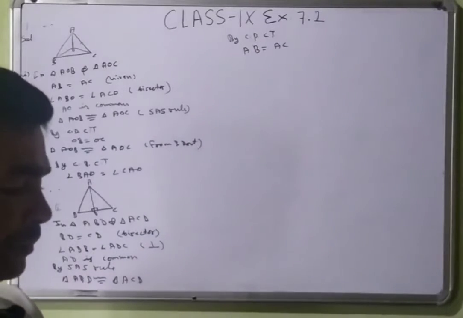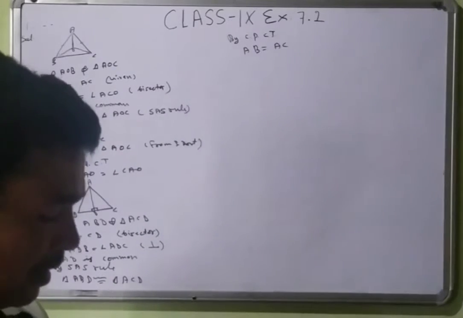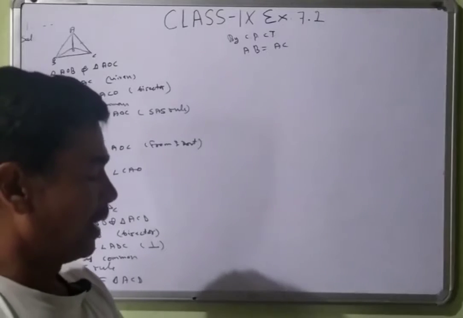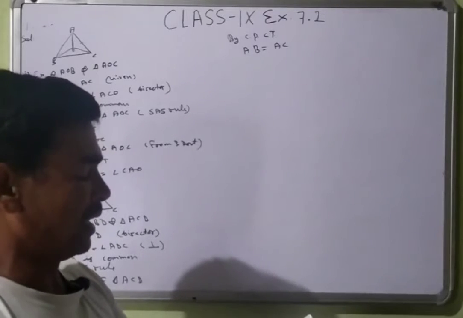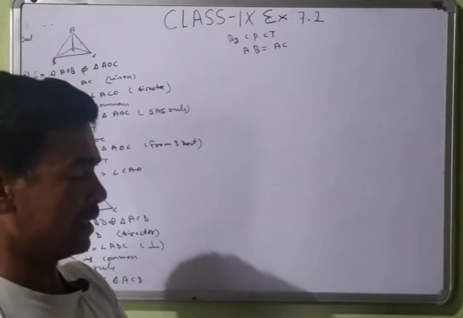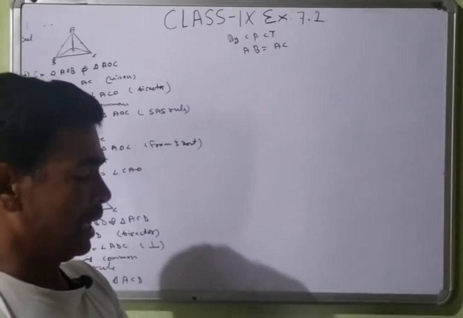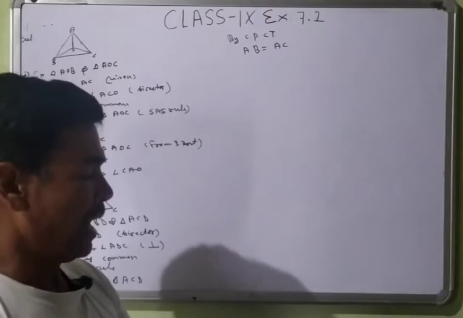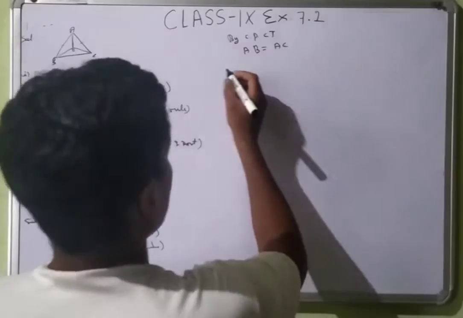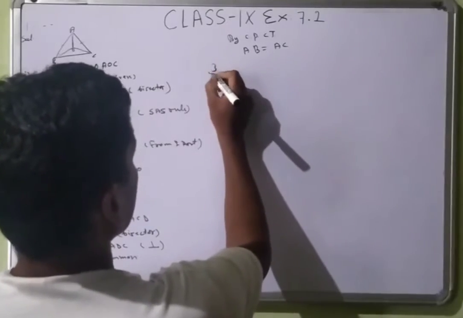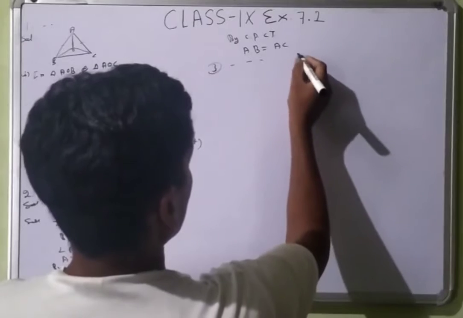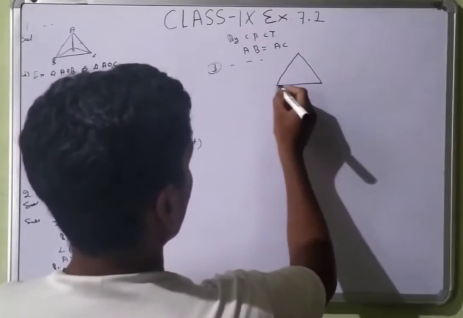Question number 3. Here you are looking at the diagram. ABC is an isosceles triangle. Isosceles means AB is equal to AC, in which altitudes BE and CF. First of all see that diagram. Third one diagram is this.